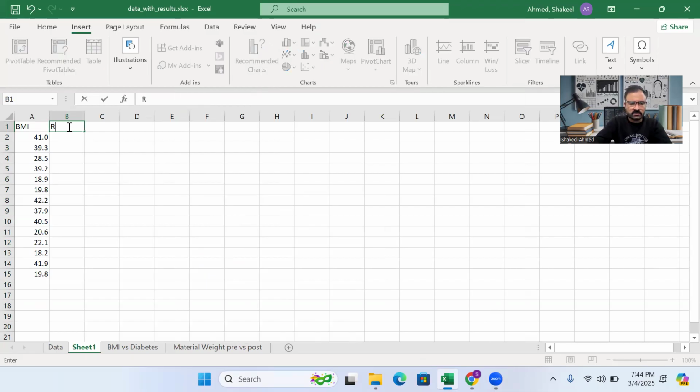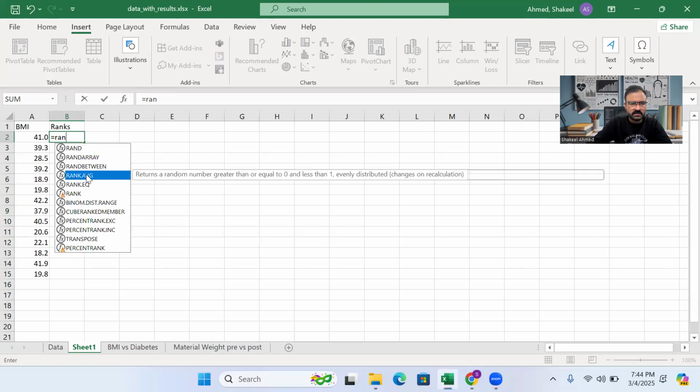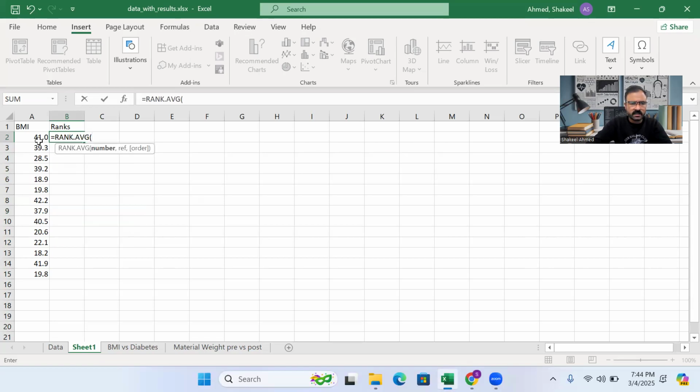So first we need to find the ranks, the rank of the observations. We are finding the rank of each observation using the rank average command, and then the reference is going from A2 to A15. You need to put the $ sign to fix the references.